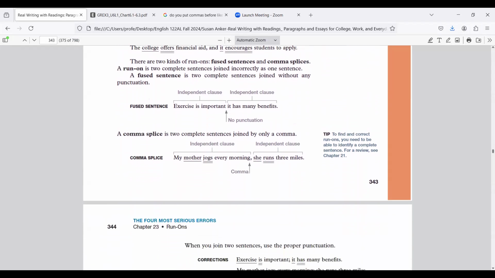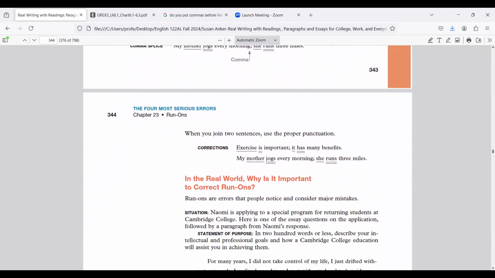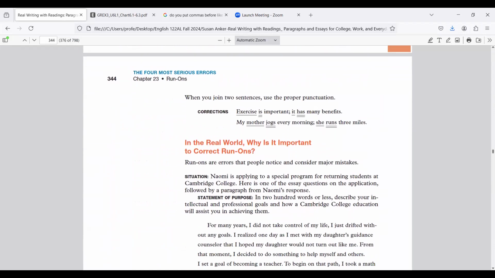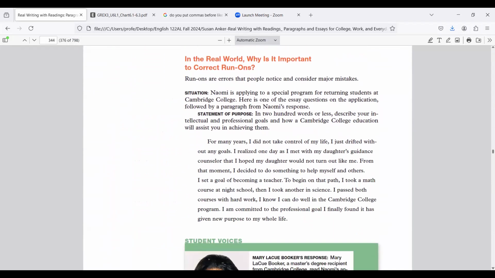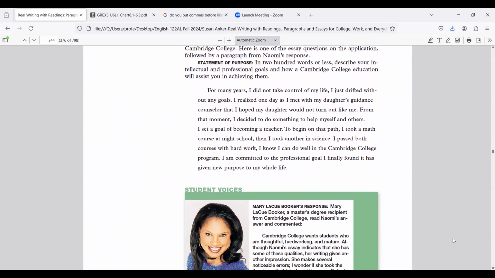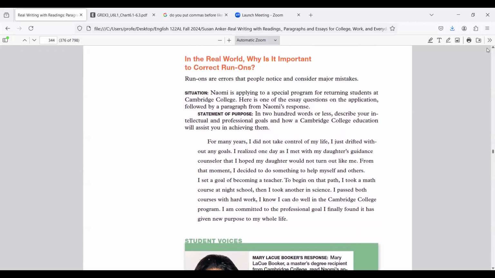So the first thing we're going to do is read Naomi's essay. This girl wrote on Naomi. She's applying for a special program for returning students at Cambridge College, and this is the answer to one of her essay questions.